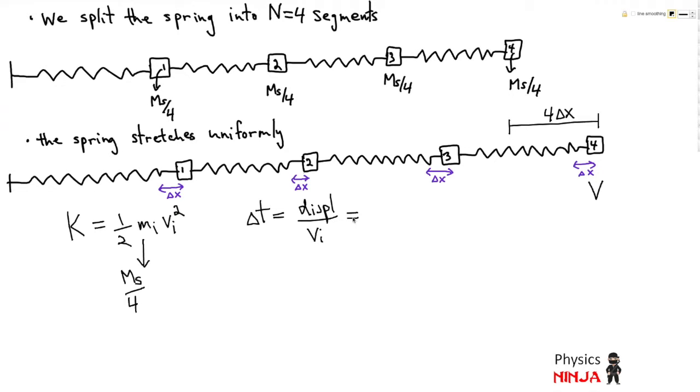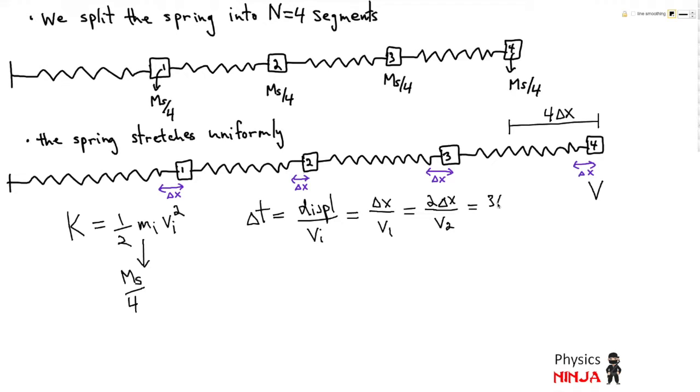Okay, so if I can write this expression down for block number 1, during that time interval it only moves a single delta x, and it's going to have some velocity v1. That has to be equal to, and if you look at block number 2, it will end up moving a total distance of 2 times delta x, and it's going to have a velocity v2.